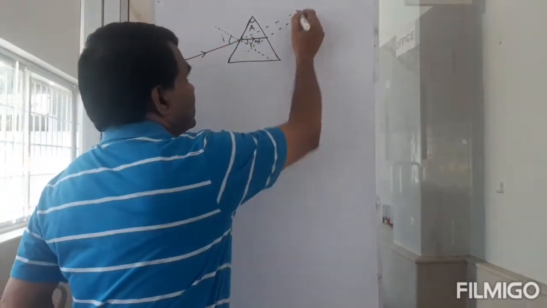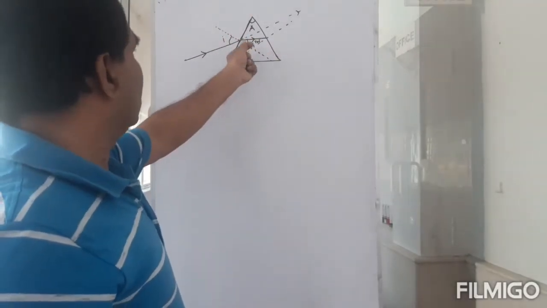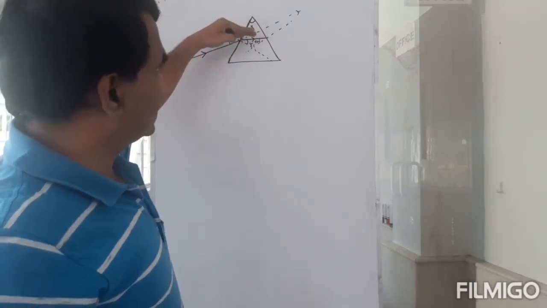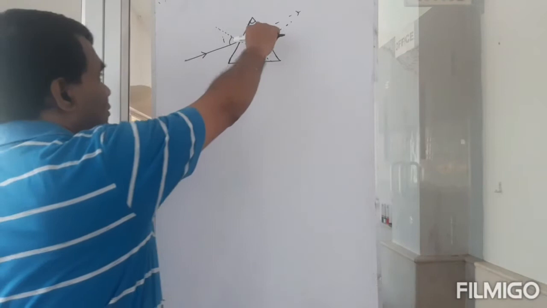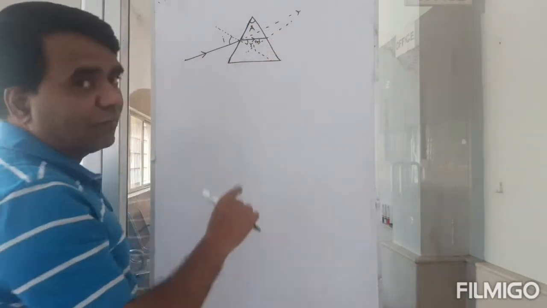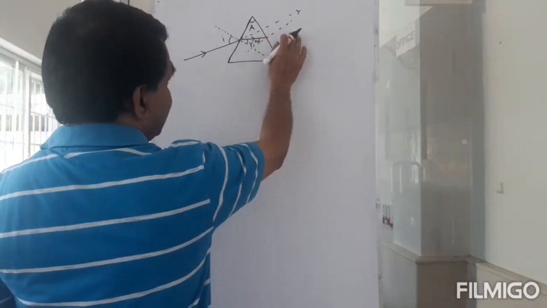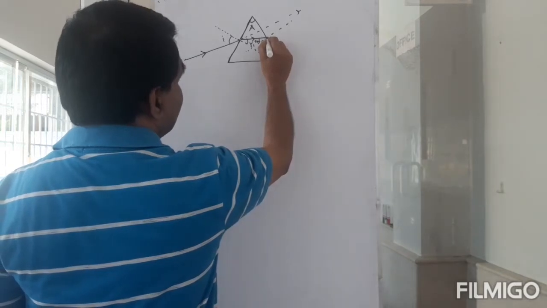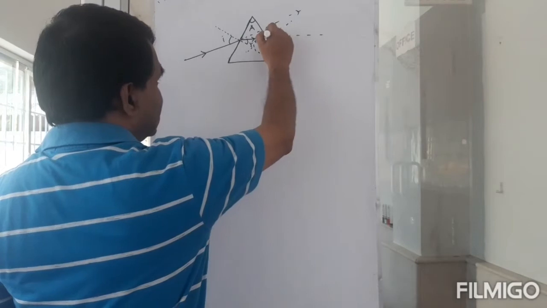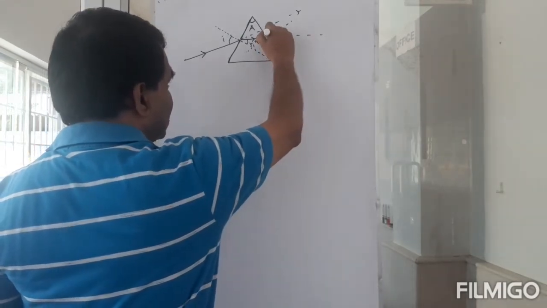But notice, you have got a prism here, so it bends towards the normal and travels in the second medium and hits this surface. Here it will obey the law of refraction. If this interface was not there, it would have gone straight, but now it refracts, goes away from the normal and goes like this.